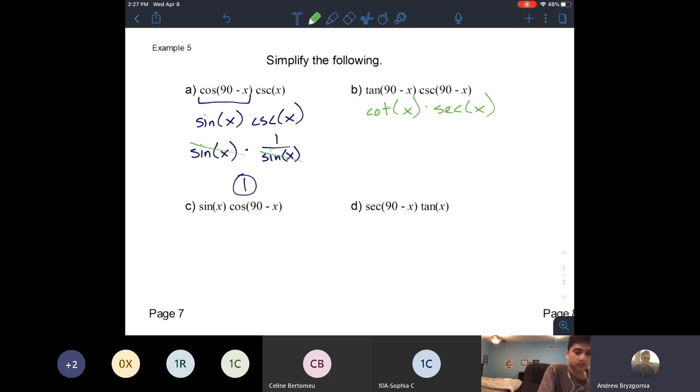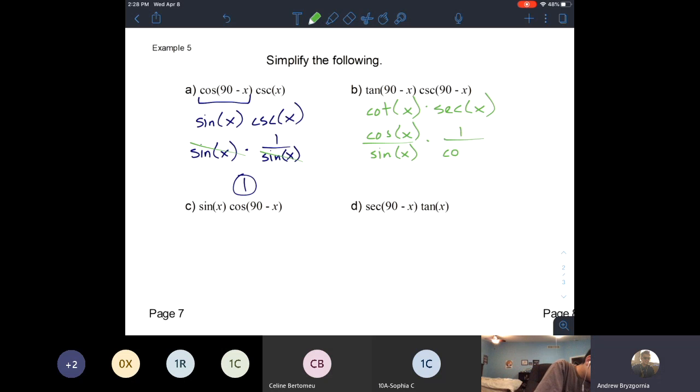What fraction is cotangent equal to? 1 over tangent. 1 over tangent. And what is the other fraction as well? Cosine over sine. There we go. Yeah. So we got cosine over sine. And then what about secant? What is that equal to as a fraction? 1 over cosine. 1 over cosine.